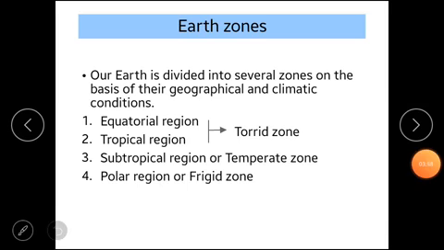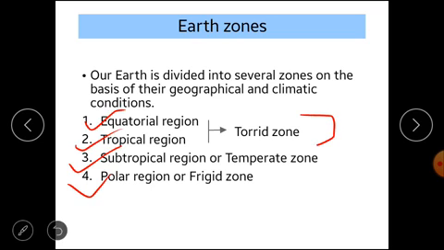If you are not aware or were confused about what the tropical, subtropical and equatorial regions are, we will discuss this with the help of this slide. Our earth, based on the geographical and climatic conditions, has been divided into several zones. These zones are the equatorial region, tropical region, subtropical or temperate zone, and polar region or frigid zone.